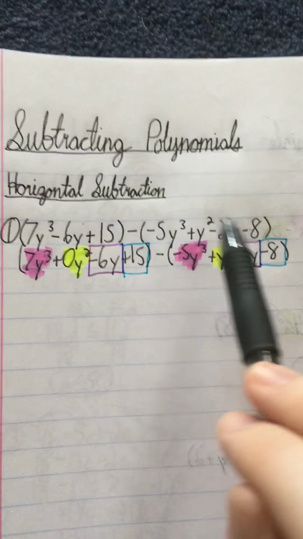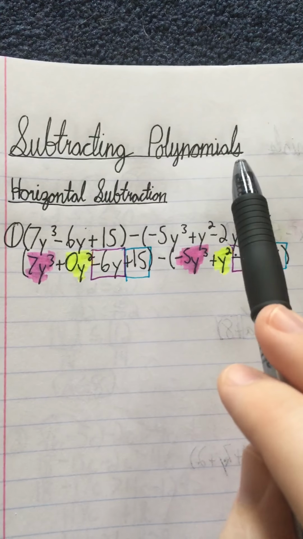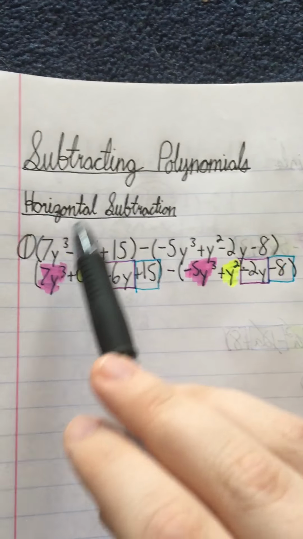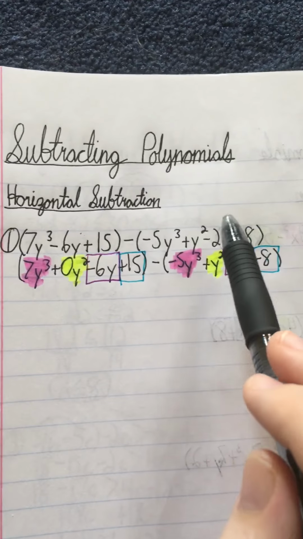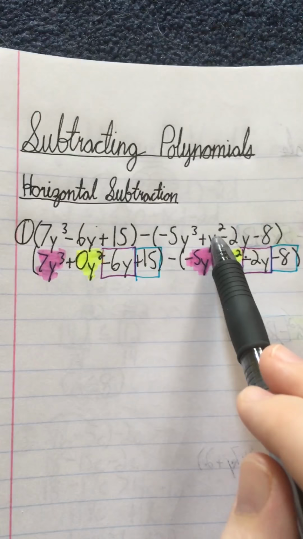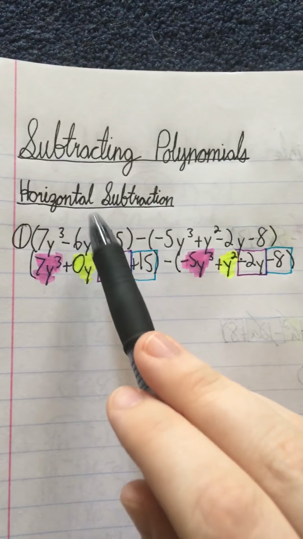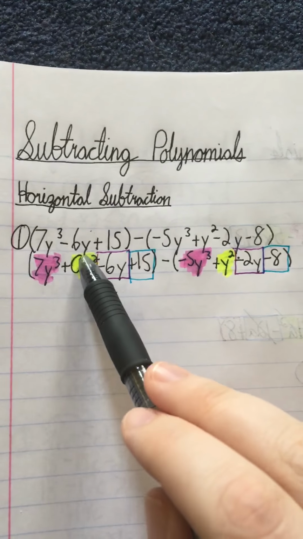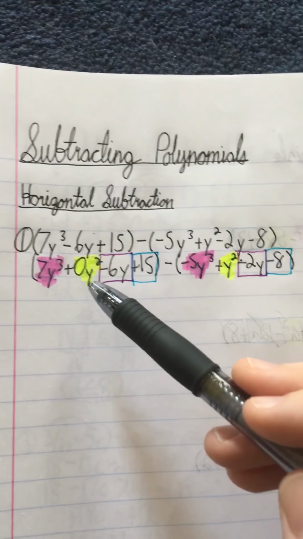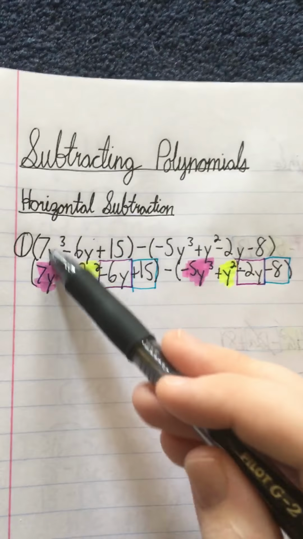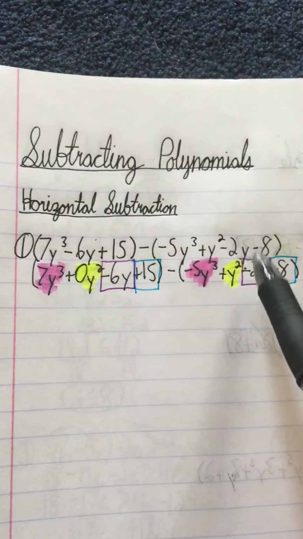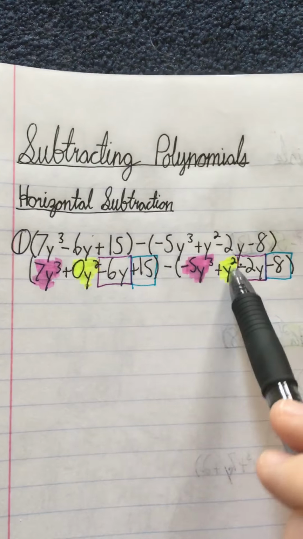So I figured out which like term was present in this second polynomial and not in this first one, which ended up being the y squared. So I rewrote this polynomial to include the y squared term. I just represented it with a 0 as a placeholder. It didn't change the value of this first polynomial, but it made it so that each of these polynomials has the same number of terms.